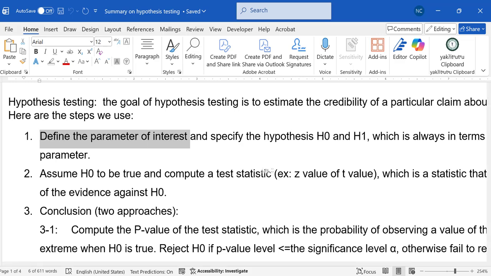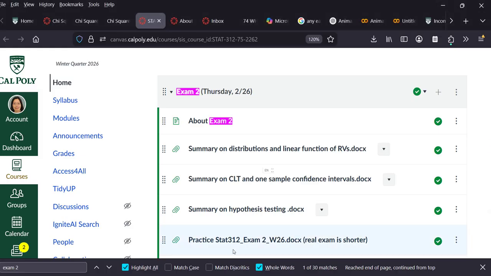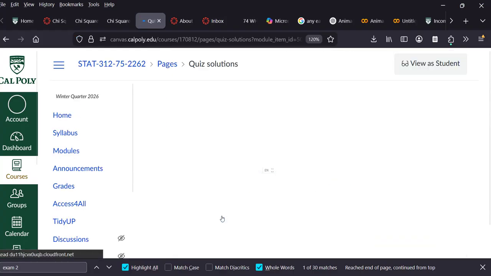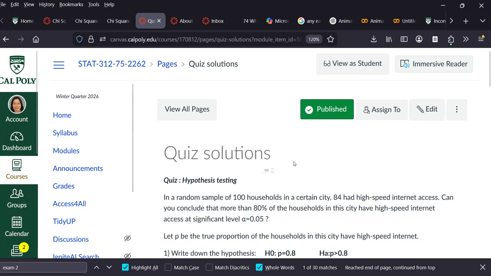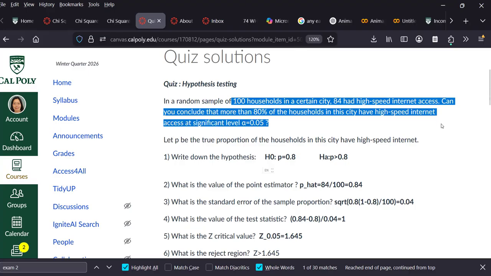Okay? So for example, I already have some quiz solutions here. Previous quiz: 100 households, 84 had high-speed internet. I ask, can you conclude more than 80% of households have high-speed internet?